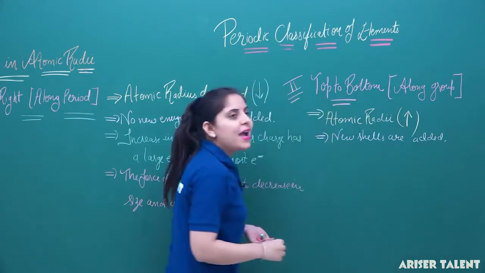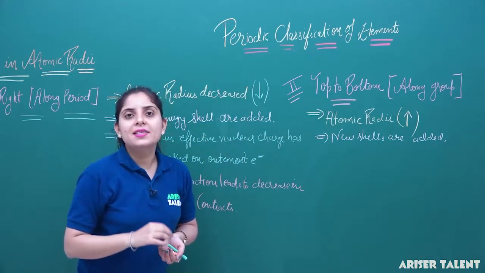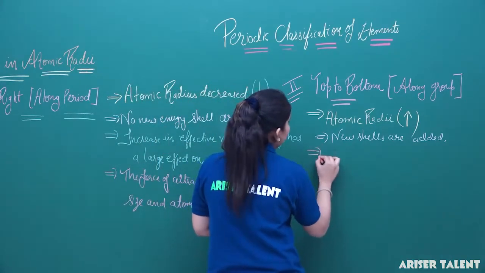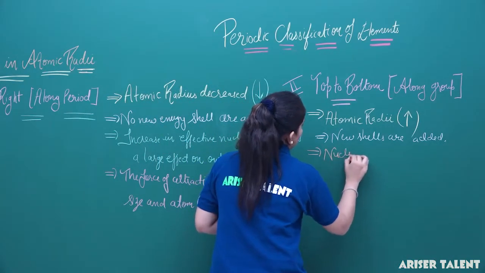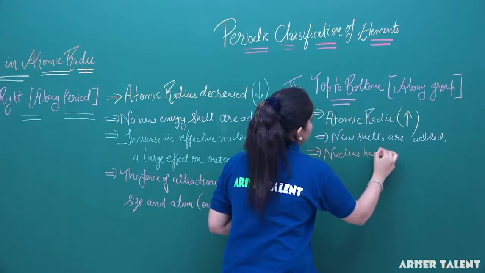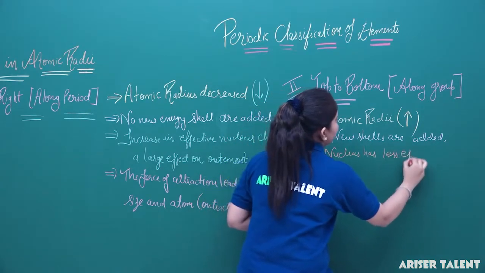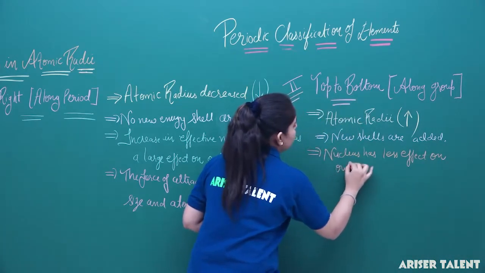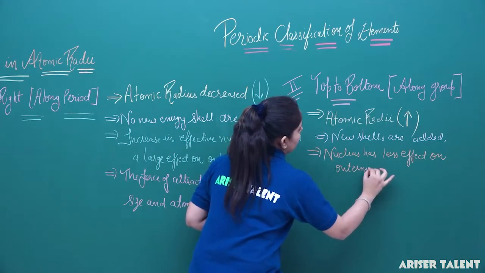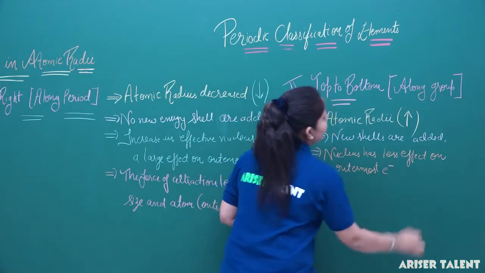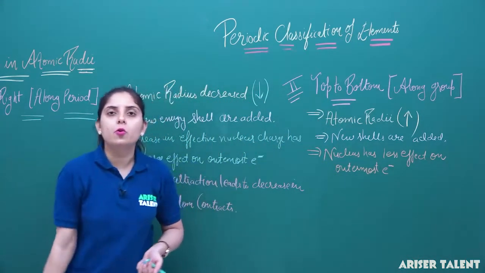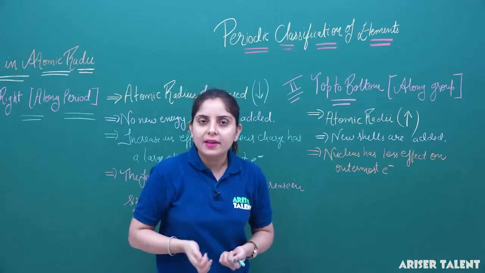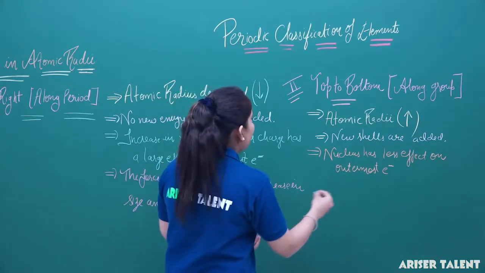If new shells are added, the nucleus has less effect on the outermost electron. So if it has less effect on the outermost electron, the size of the electron cloud will automatically keep increasing. So what will happen next?